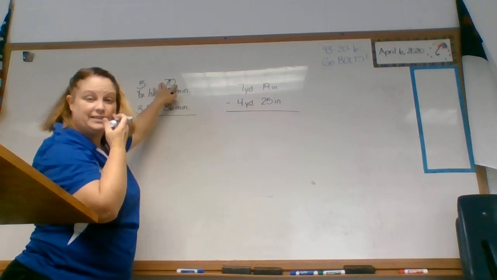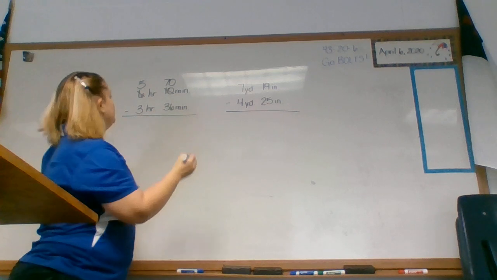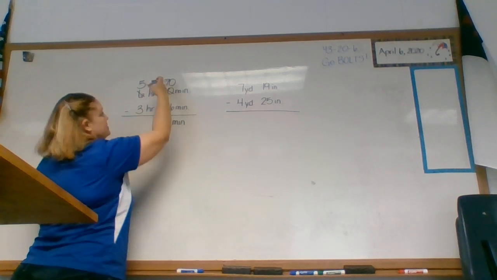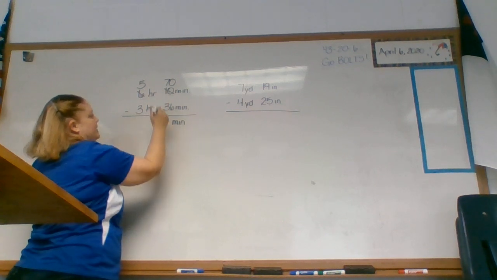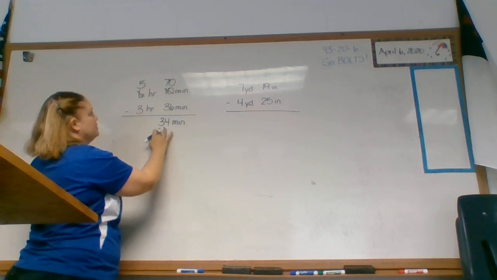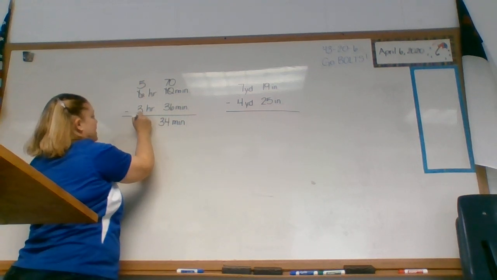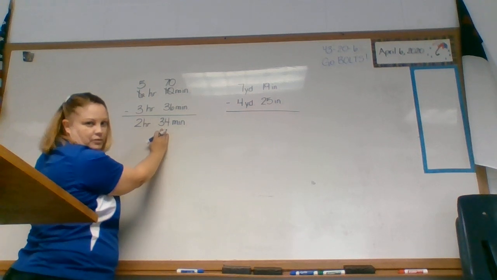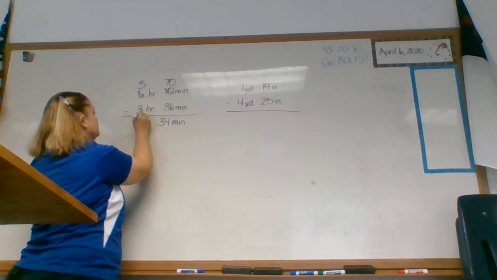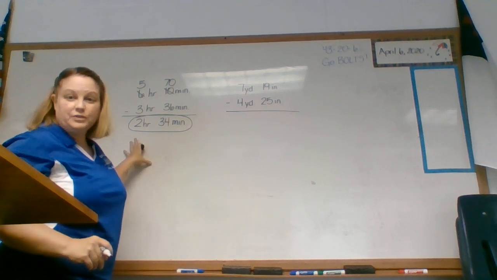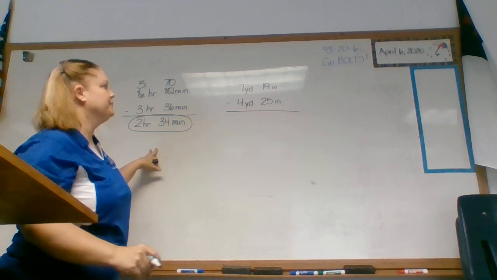And we definitely can do 70 minutes minus 36 minutes. 70 minus 30 would be 40 minus 6, 34. 5 hours minus 3 hours. There's nothing here to convert. We don't have enough to make it another hour. So our answer is just going to be 2 hours, 34 minutes.